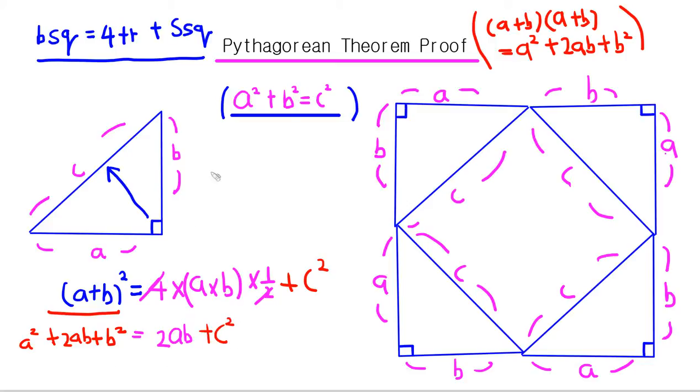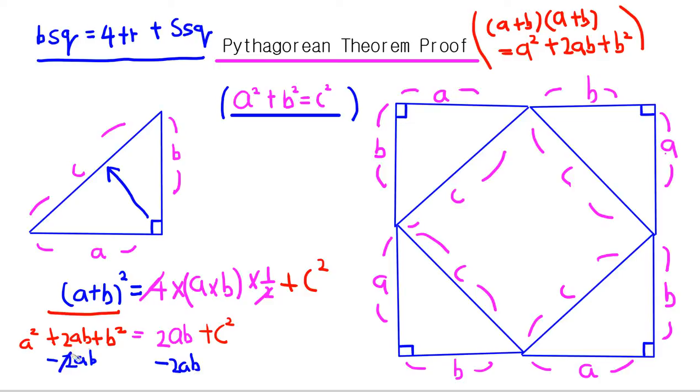We're not quite yet at the original formula for the Pythagorean theorem, which is a squared plus b squared equals c squared. But if you look at this equation, we can subtract 2ab from both sides because they both contain 2ab.